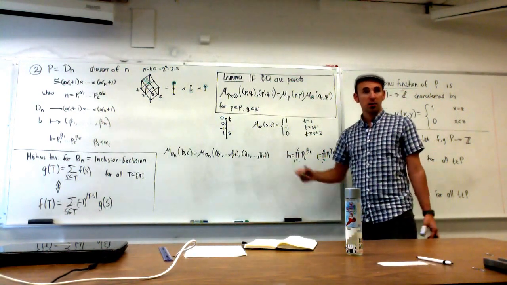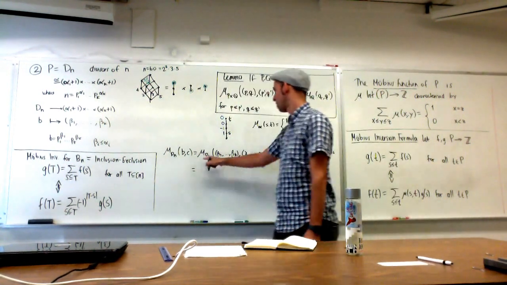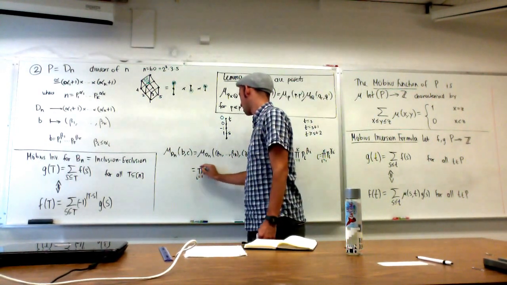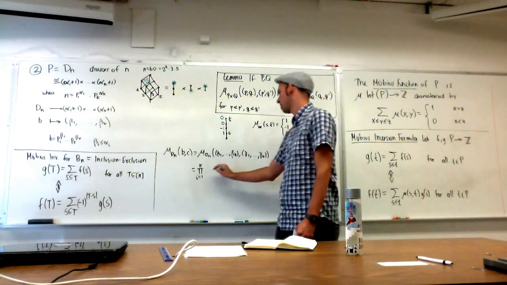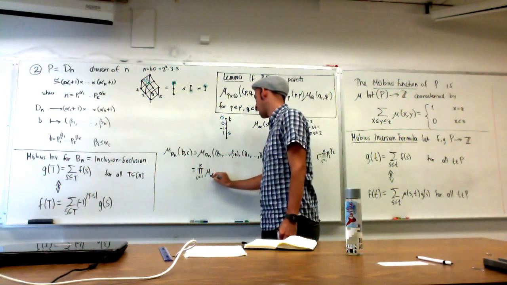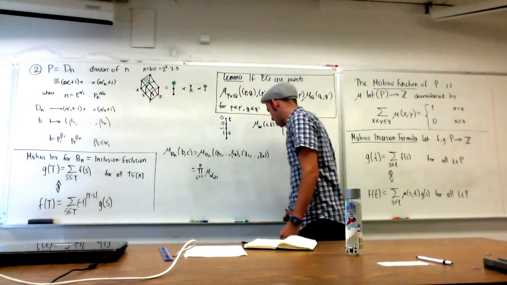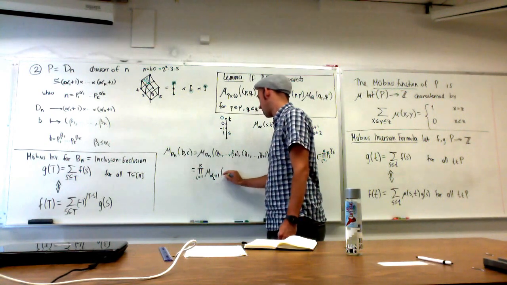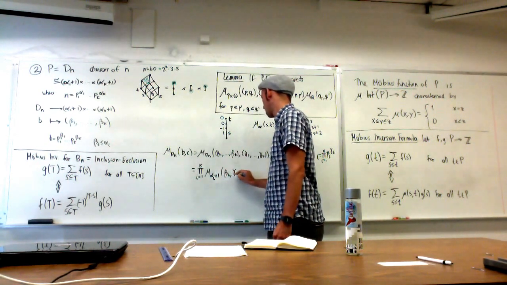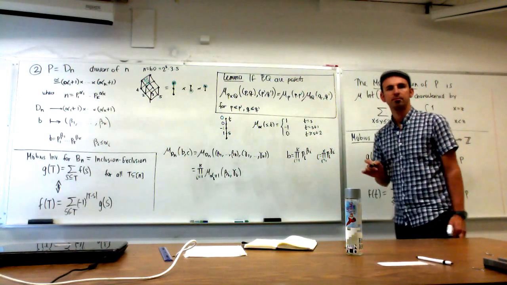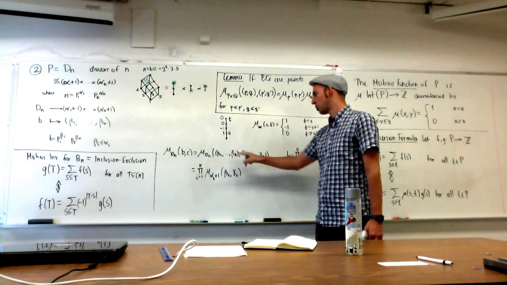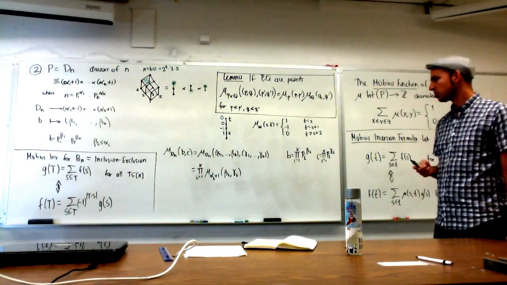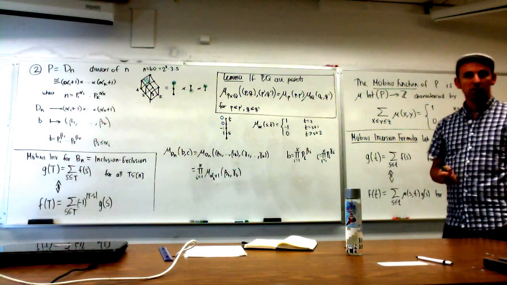Now, this is a product, and the Moebius function is multiplicative, so I get the product from i equals 1 to k of the Moebius function in the chain of size alpha i plus 1, of beta i to gamma i. From beta 1 to gamma 1 I get a term, from beta 2 to gamma 2 I get a term, and so on.